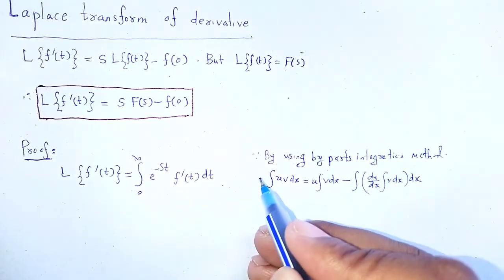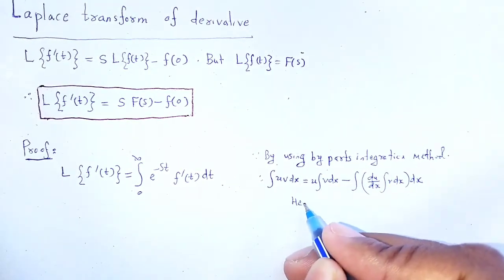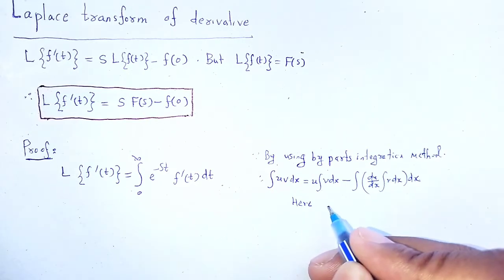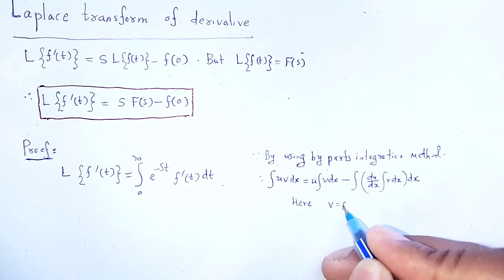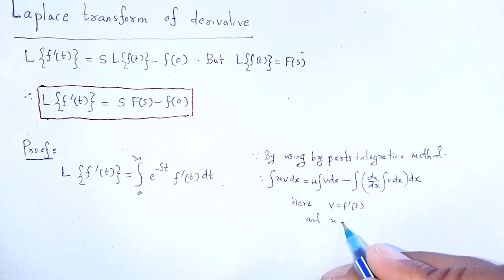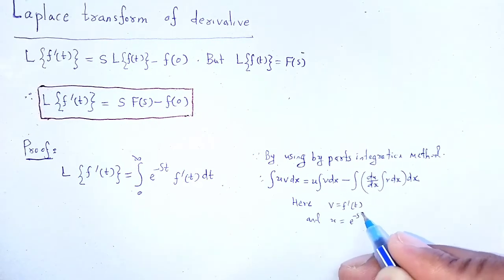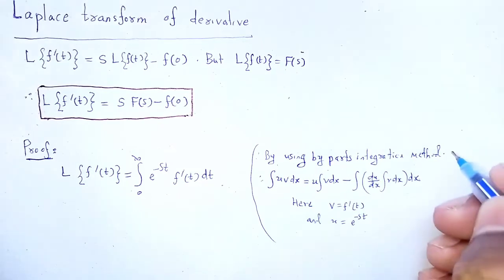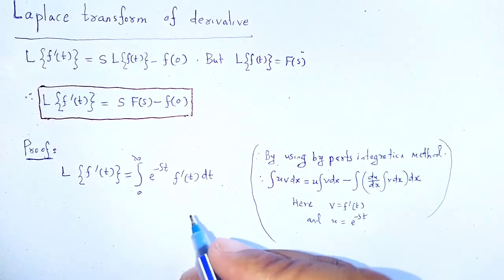Here we choose v is equal to f dash t and u is equal to e to the power minus st. That integral can be solved.